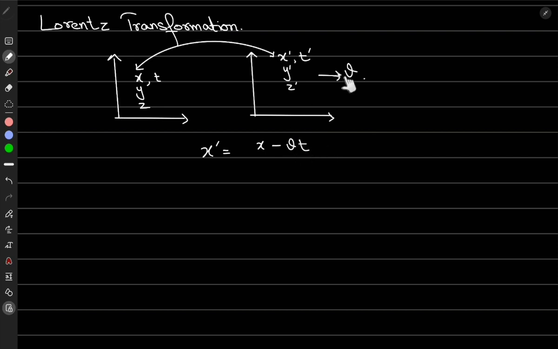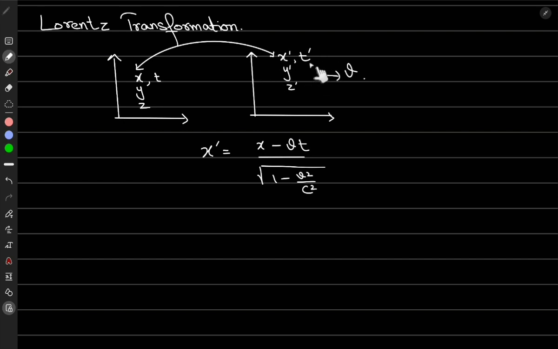I can observe the velocity from my frame, which is the relative velocity of the moving frame, so that v is also measurable. t I can measure on my clock, and then this is divided by the Lorentz factor, the square root of 1 minus v squared over c squared. So that's how x and x prime are related.